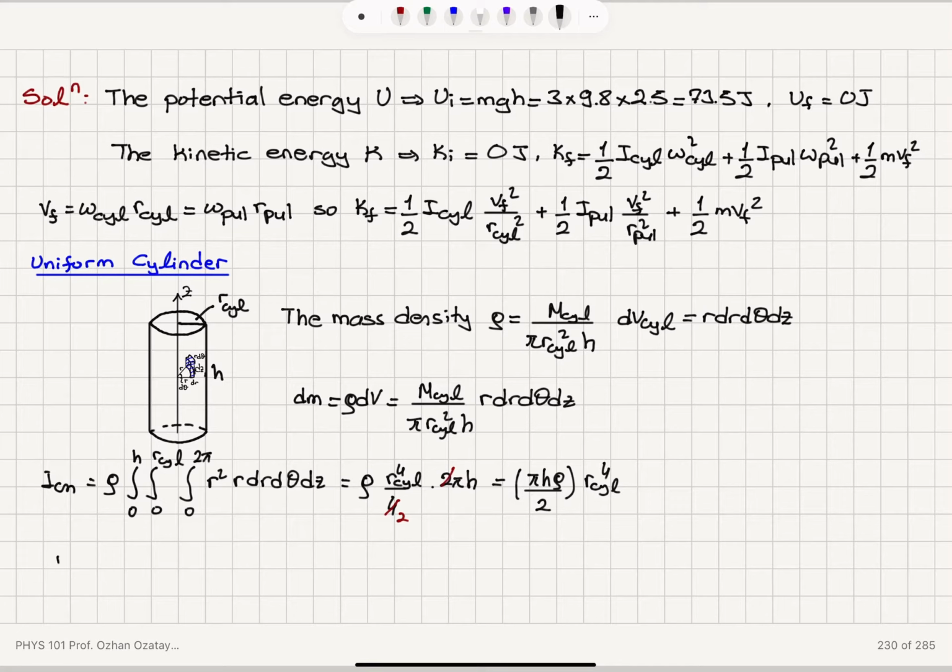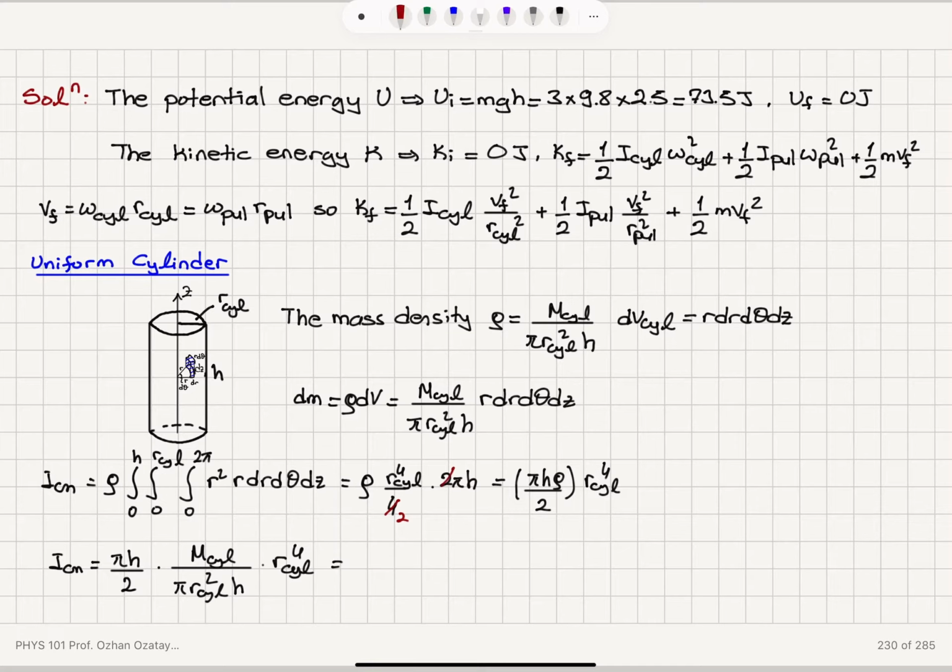So for a rotation axis that goes through the center of mass, I center of mass will be equal to pi h divided by 2 multiplied with our rho, m cylinder divided by pi r cylinder squared h, multiplied with r cylinder to the 4th power.